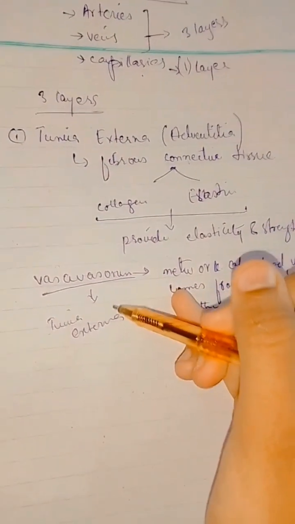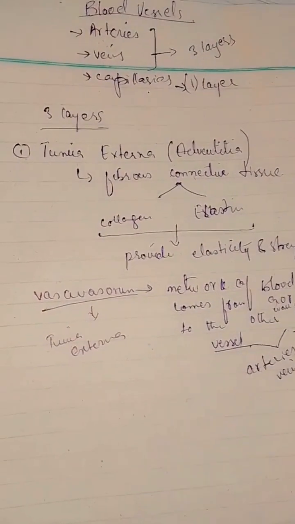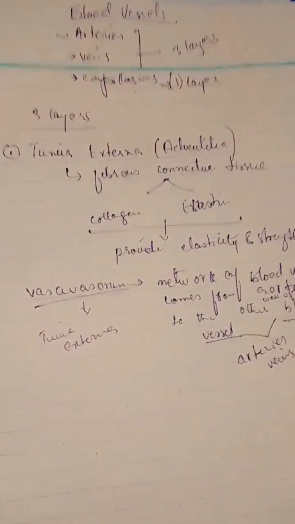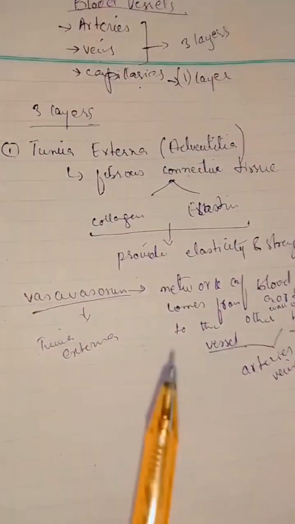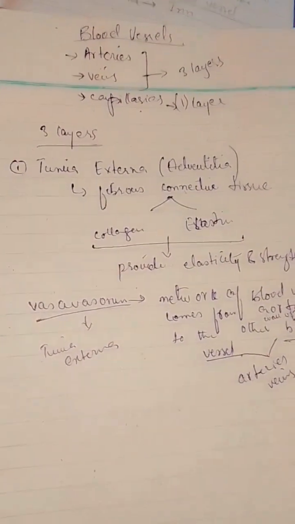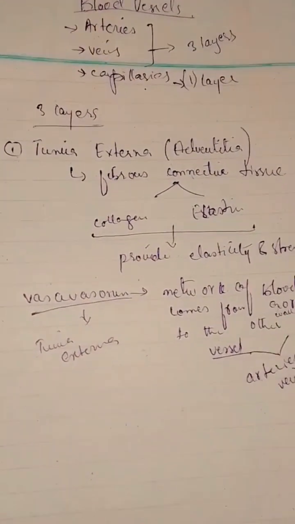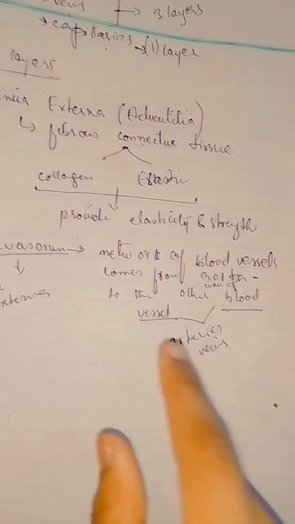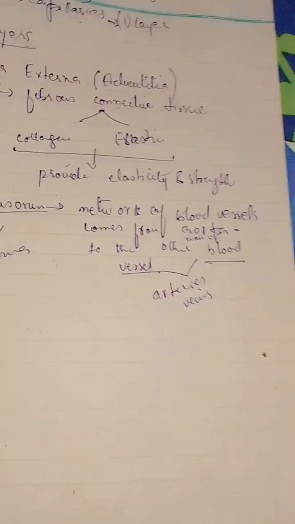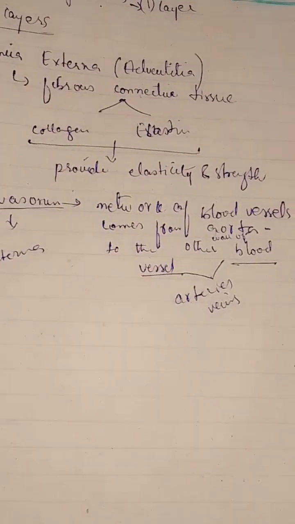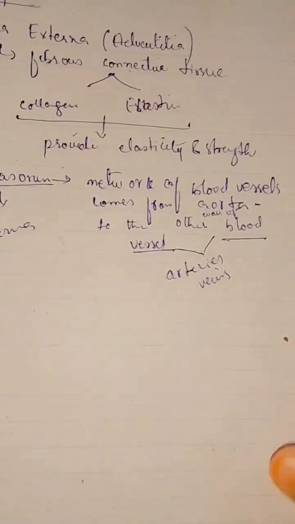That is why I'm discussing vasa vasorum here in tunica externa, because vasa vasorum basically enters into the first layer, that is tunica externa, and vasa vasorum are the network of blood vessels that come from the aorta and move to the walls of the blood vessels.